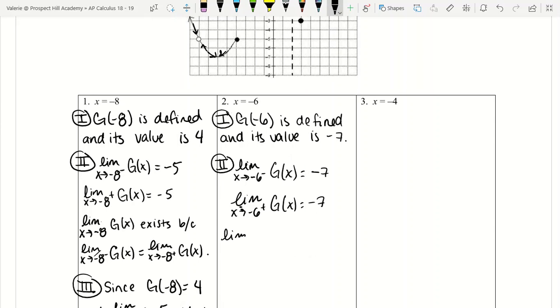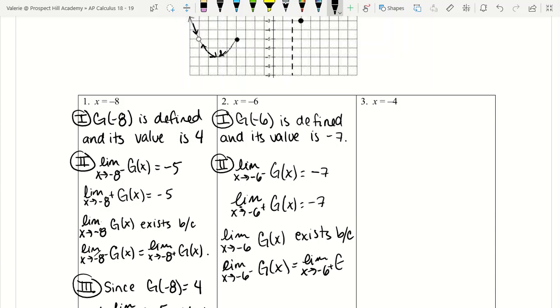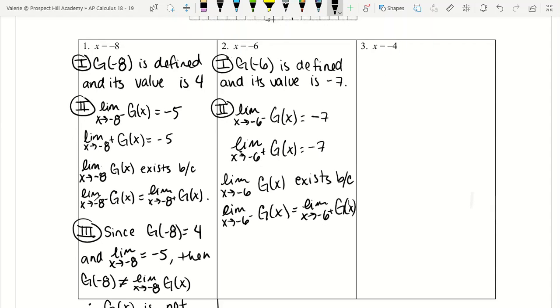So the limit as x approaches negative 6 of g of x exists, because the limit as x approaches negative 6 from the left of g of x equals the limit as x approaches negative 6 from the right of g of x. So now, step 3. Are they the same?